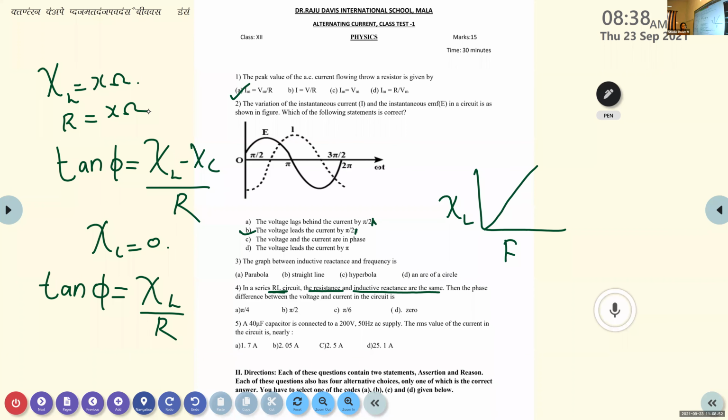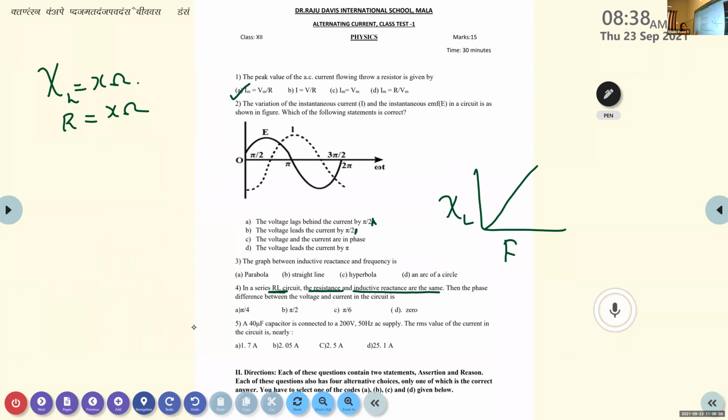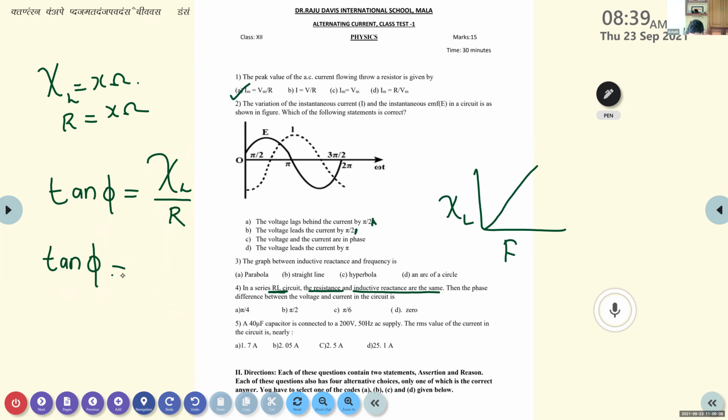Then what is the phase difference between voltage and current in the case of a series RL circuit? It is given by tan phi is equal to chi L divided by R. Or we can write the equation for calculating phase difference as tan phi is equal to the ratio of the resistance offered by the inductor and capacitor to that of the resistance offered by the resistor.